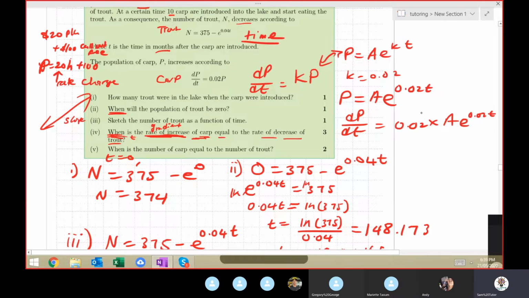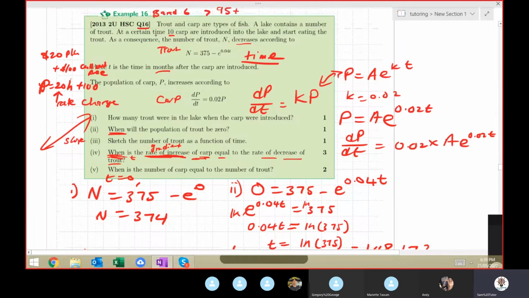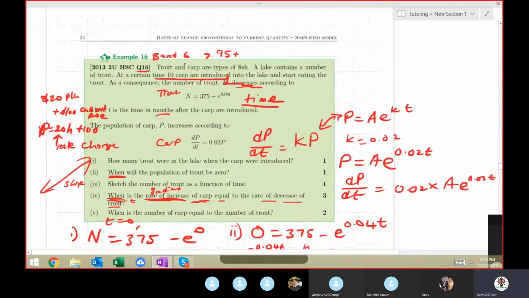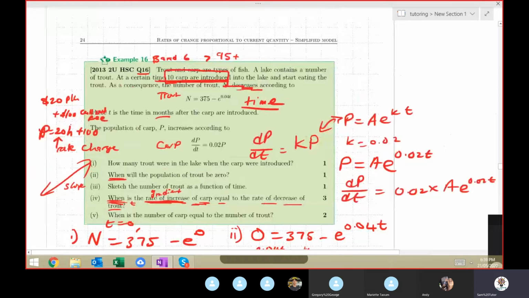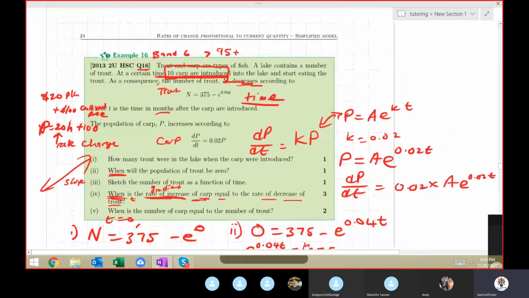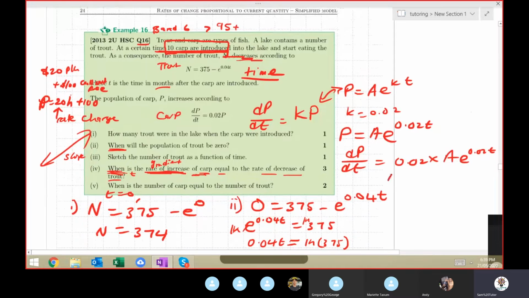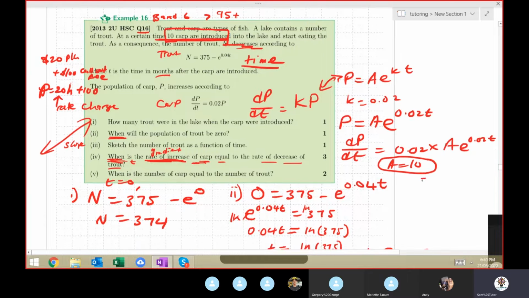And we already know what a is equal to? A is equal to 10 because it says at a certain time 10 carp are introduced. So that means initially you had 10 carp.